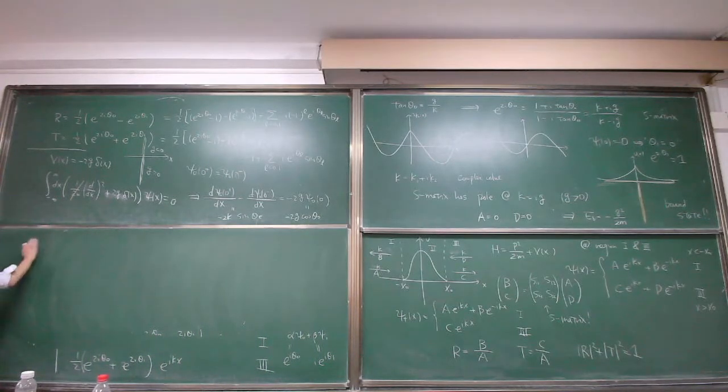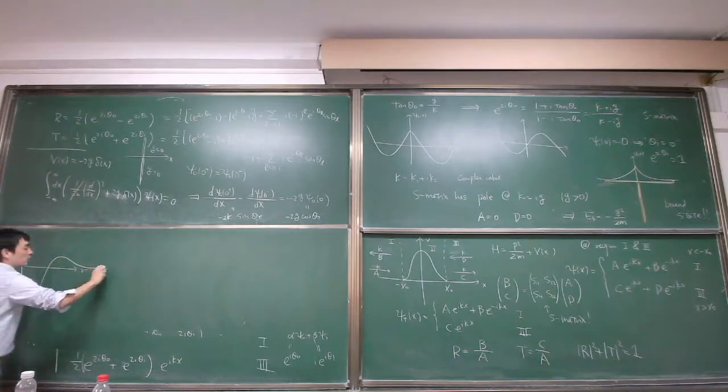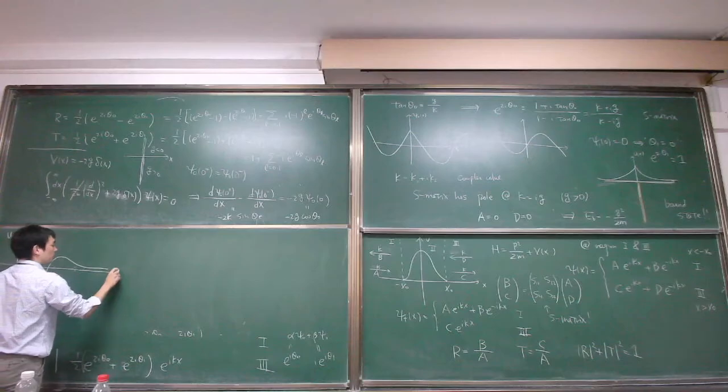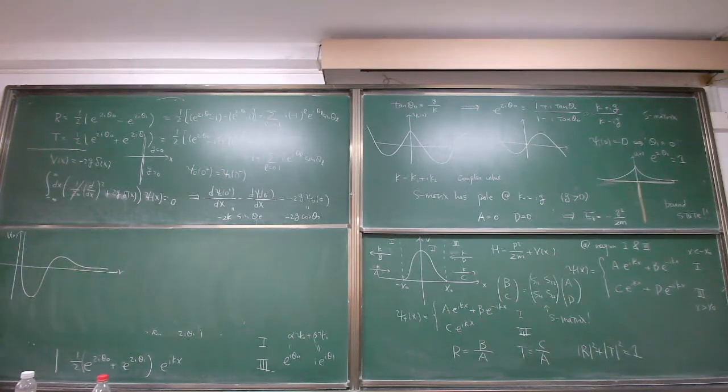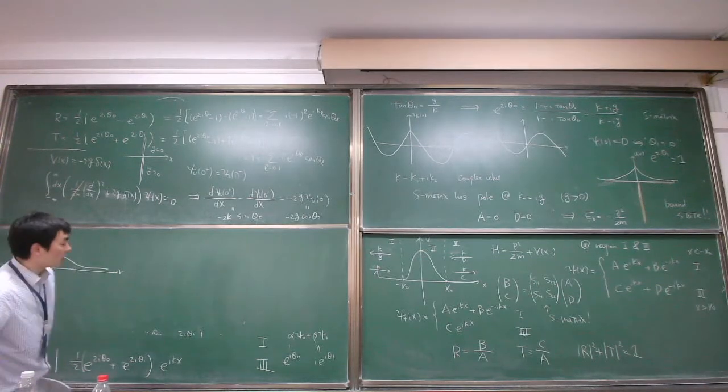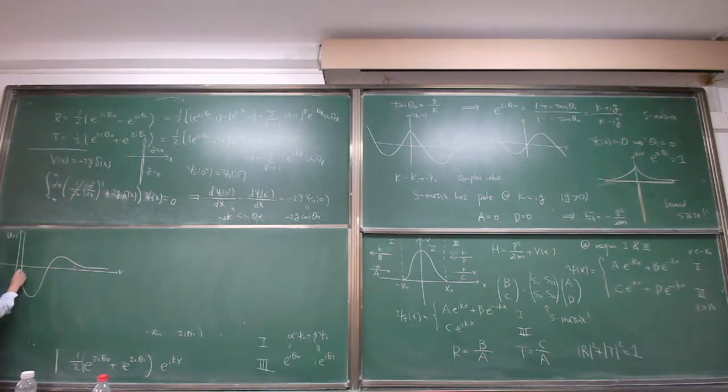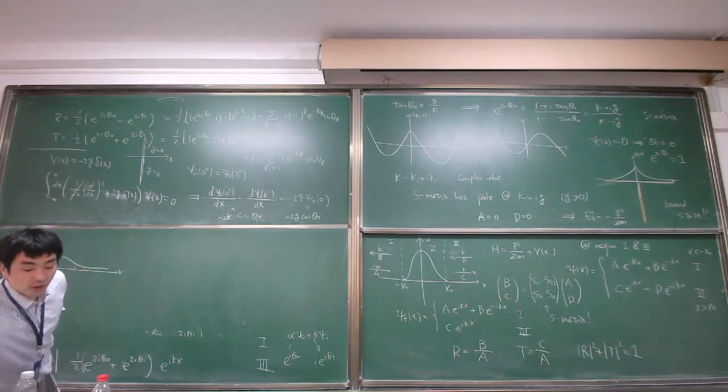If there's some potential V of r, something like this, perhaps the potential of a nucleus, then the bound state always appears at negative energy, which means it's trapped under the potential, and the wave function takes the following form.